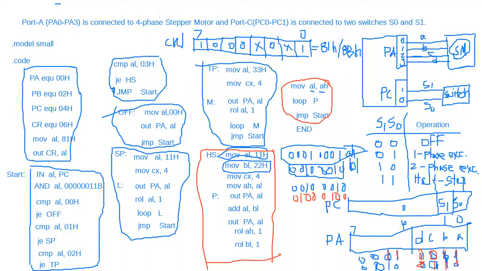But if you send 2, that means one phase on. So as I said in the last class also, for two phase we need 33H, and for one phase we need 11H.